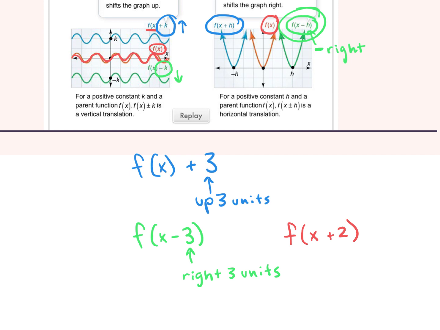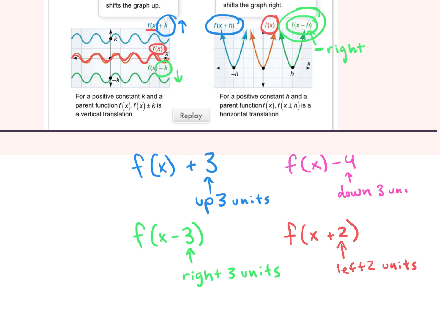I'm adding 2 on the inside, so this would mean I'm going left 2 units. And then I could have another example here where I had f of x minus 4. This minus 4 on the outside means I'm going down 3 units.